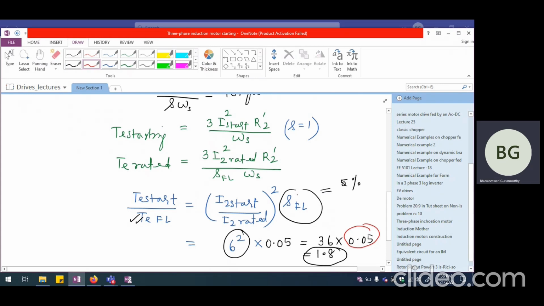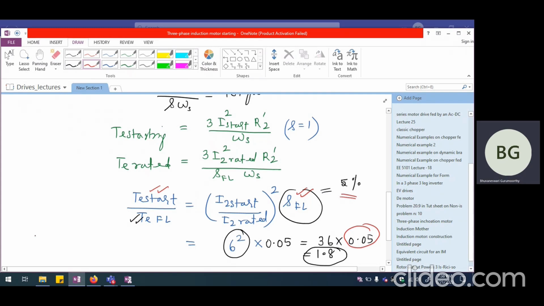So if I have a larger full load slip, I am going to get a higher starting torque as compared to an induction motor which has a lower full load slip. If the slip of an induction motor is higher, we derived this in the last class when we were talking about the induction motor.